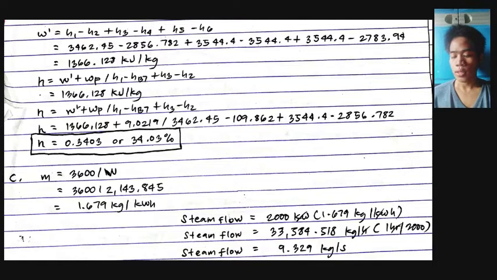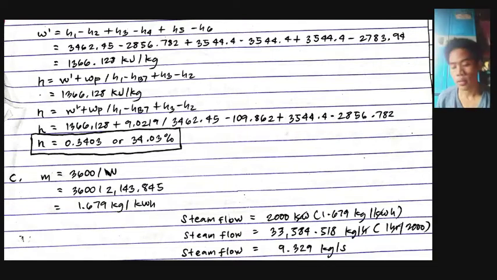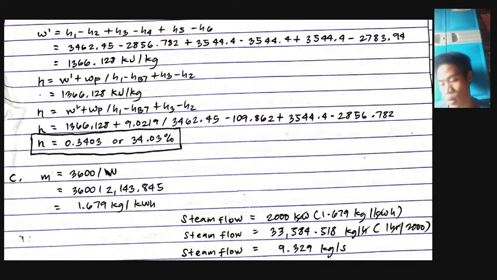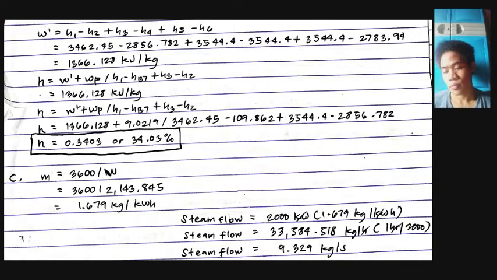Next will be 33,584.518 kilogram per hour times 1 hour over 3600 seconds. Cancel the hour. By calculating it, the answer will be 9.329 kilogram per second.